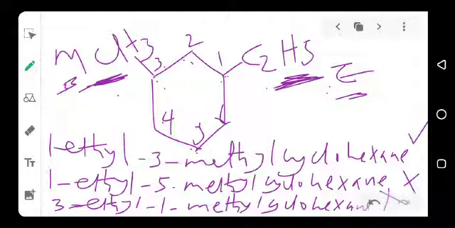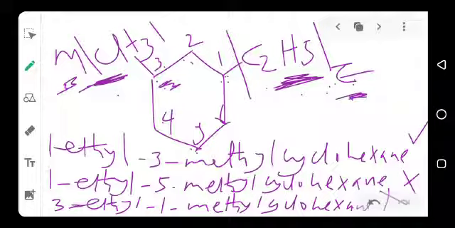So in putting the name of this, we first of all write the ethyl substituent before we write the methyl substituent. So we start with this one, the E, and name the carbon there as carbon number 1. So the ethyl group has carbon number 1. And then we take the shortest direction to the second one.